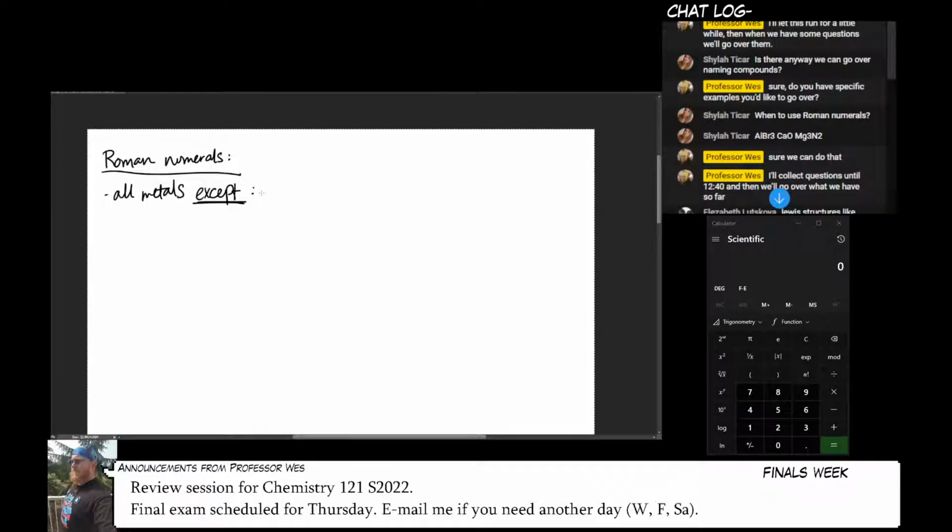All right. So, which elements use Roman numerals and which ones don't? So, first of all, we use Roman numerals for metals, except for the following metals. Group 1 and 2, or aluminum.